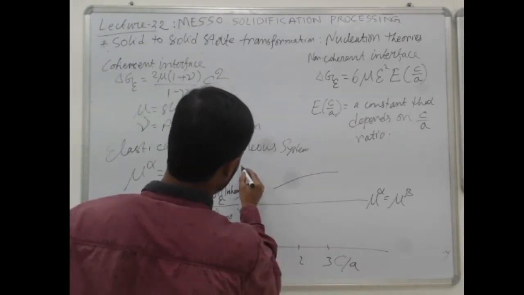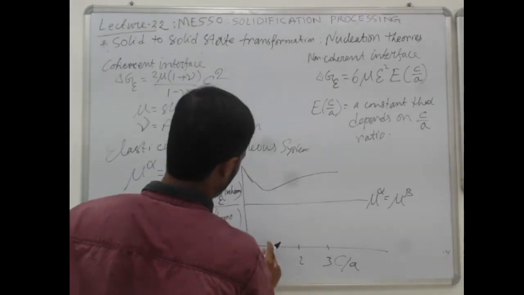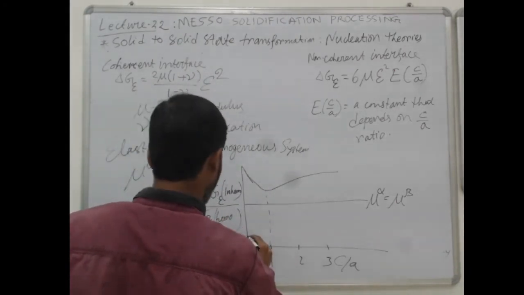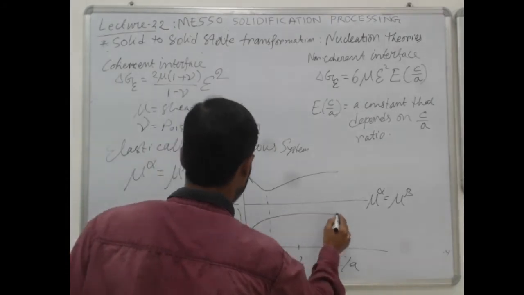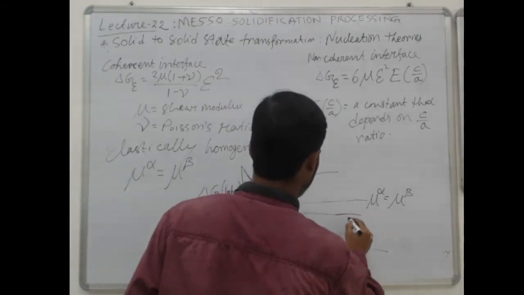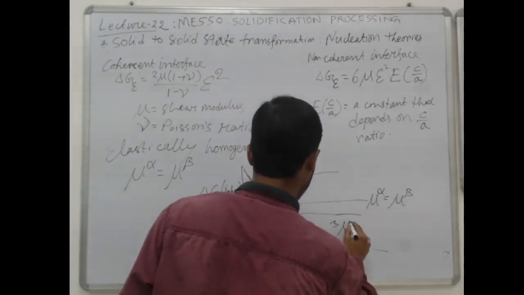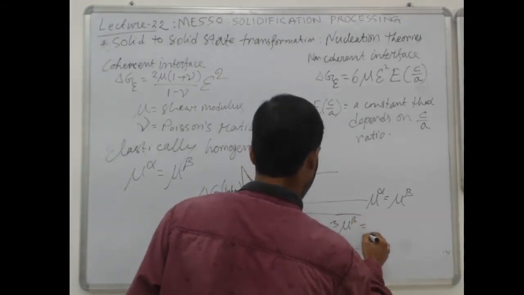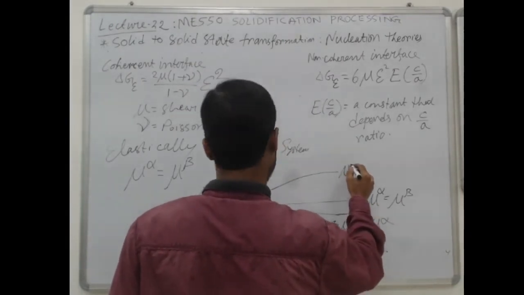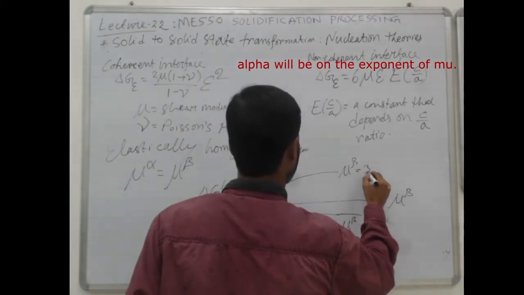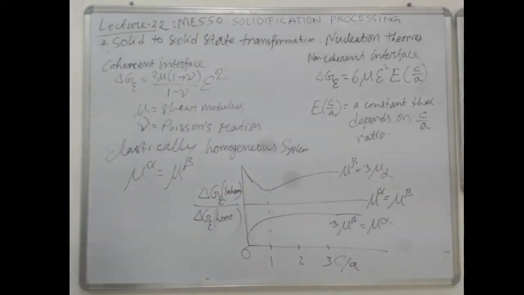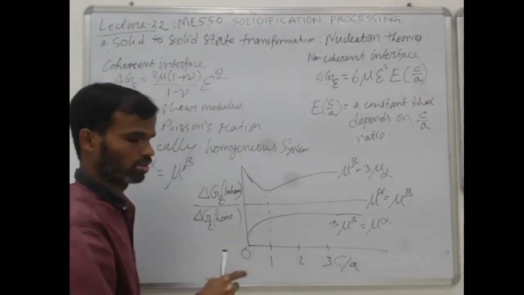It will have a minimum at about 1, or it can have a variation like this. This is given for mu beta is 3 mu alpha. So why am I showing you this curve without going into all the derivations?